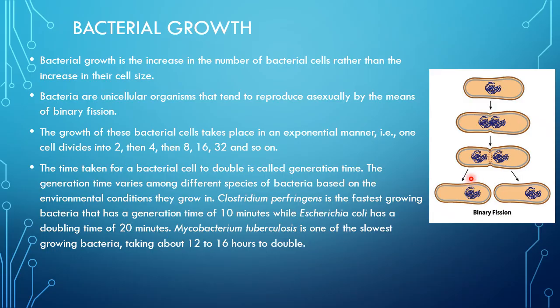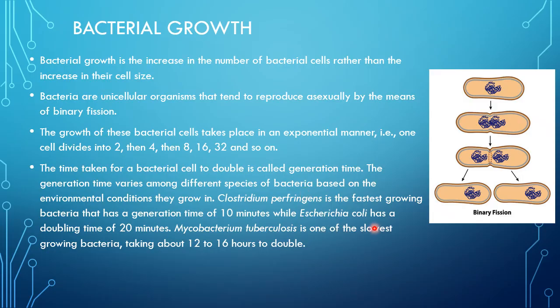Clostridium perfringens is the fastest growing bacteria, with a generation time of 10 minutes, while Escherichia coli has a doubling time of 20 minutes. As you can see here, Clostridium perfringens is one of the fastest growing, splitting one cell into 2 within just 10 minutes.